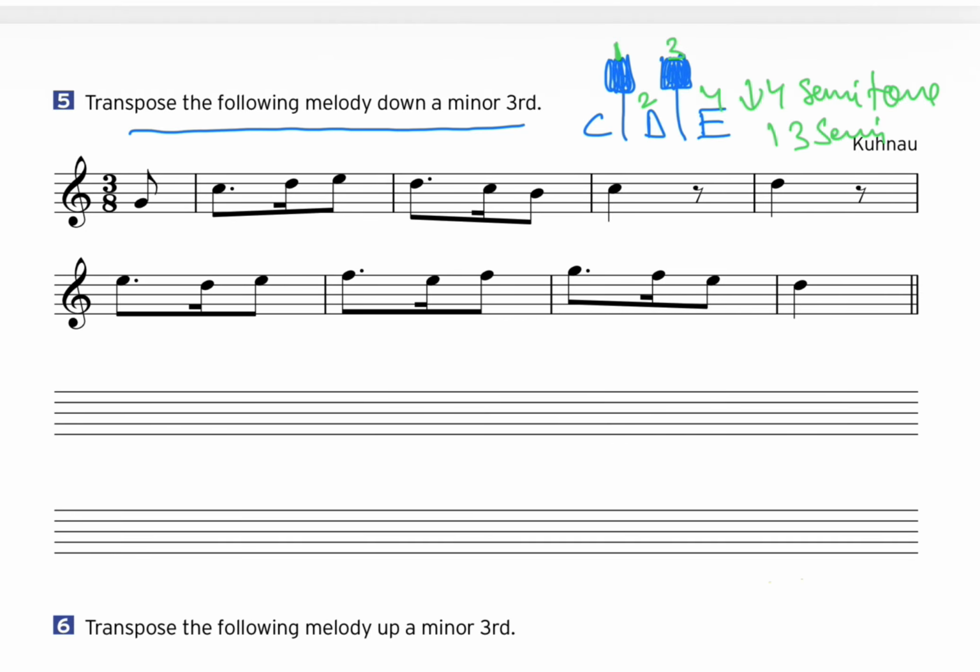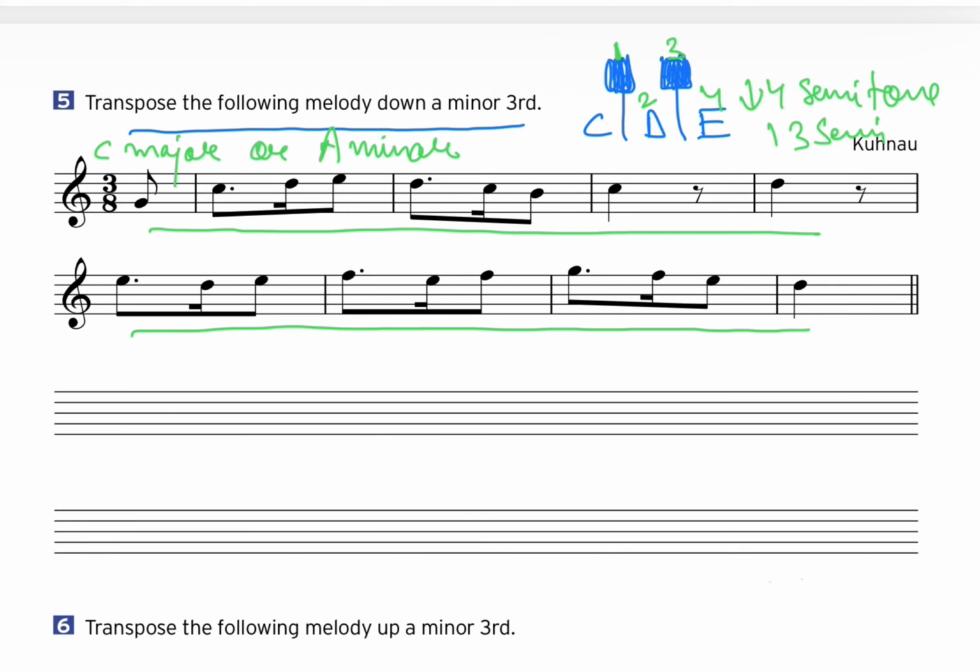The first one: let's check the key signature. This is treble clef. There is no key signature, so this is either C major or A minor. To confirm whether it is a minor scale, we check if there are any accidentals given. There are no accidentals, so this is not a minor scale.